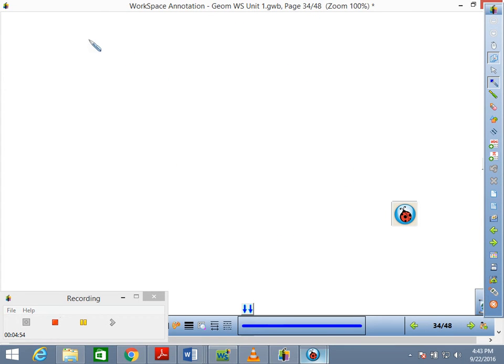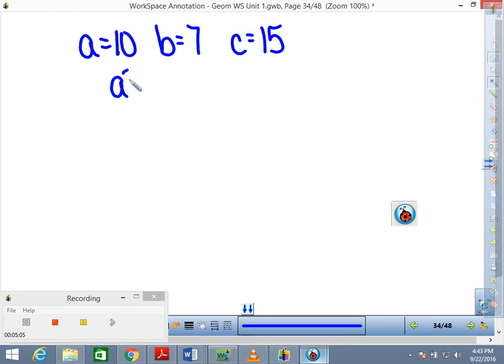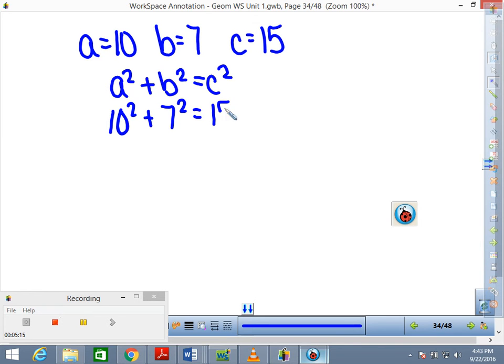So if we have a triangle with, say, a equals 10, and b equals 7, and c equals 15, we're going to put this into a squared plus b squared equals c squared, and we're going to find out if it works or not. So that would be 10 squared plus 7 squared should equal 15 squared if it's a right triangle.